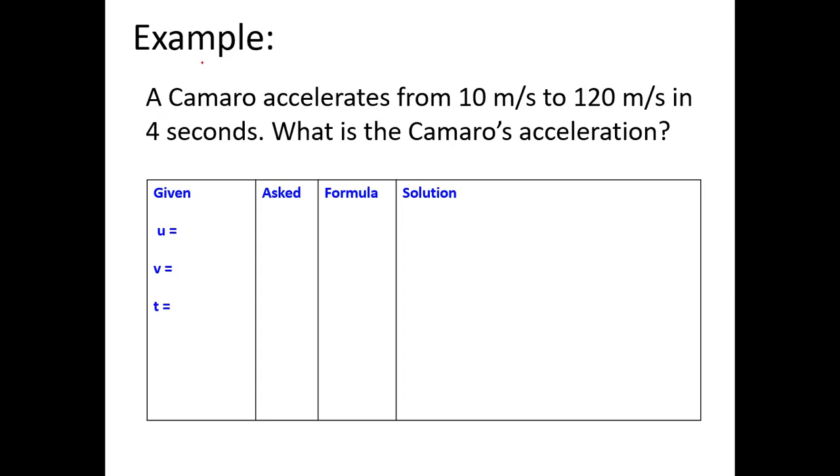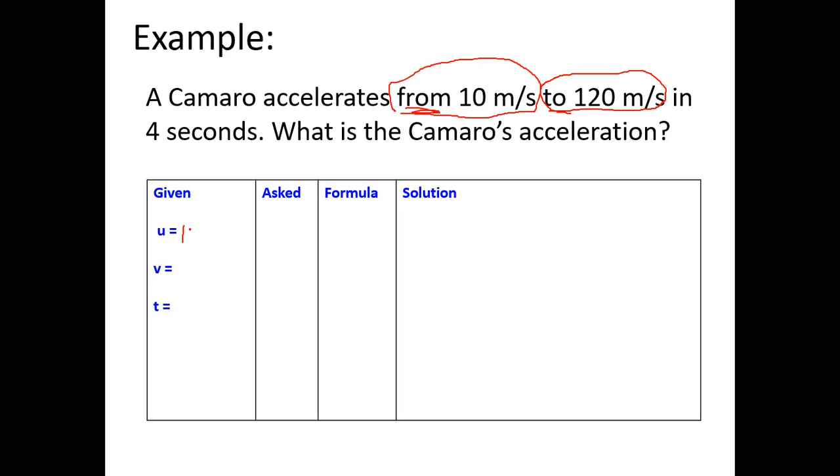All right. So the third example says a Camaro accelerates from 10 meters per second to 120 meters per second. So let's try to look at the given. The 10 meters per second should be your beginning speed because of the word from.